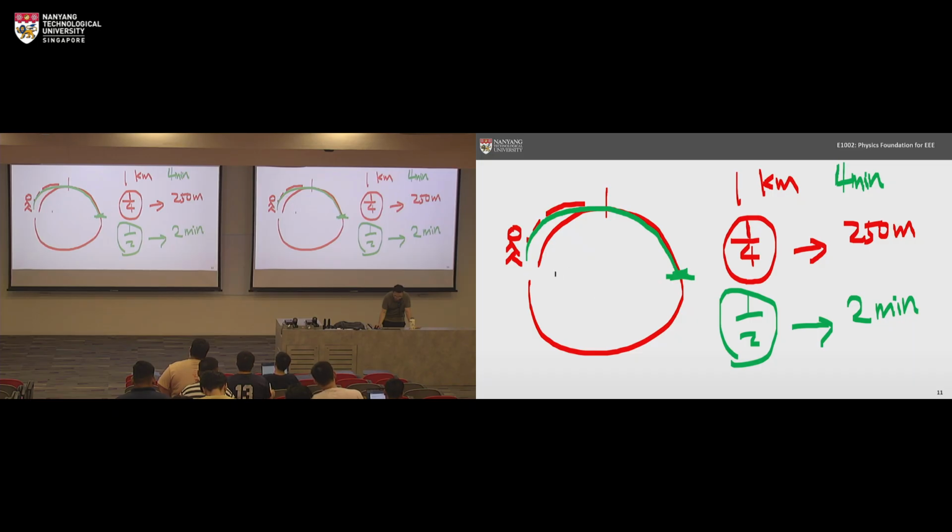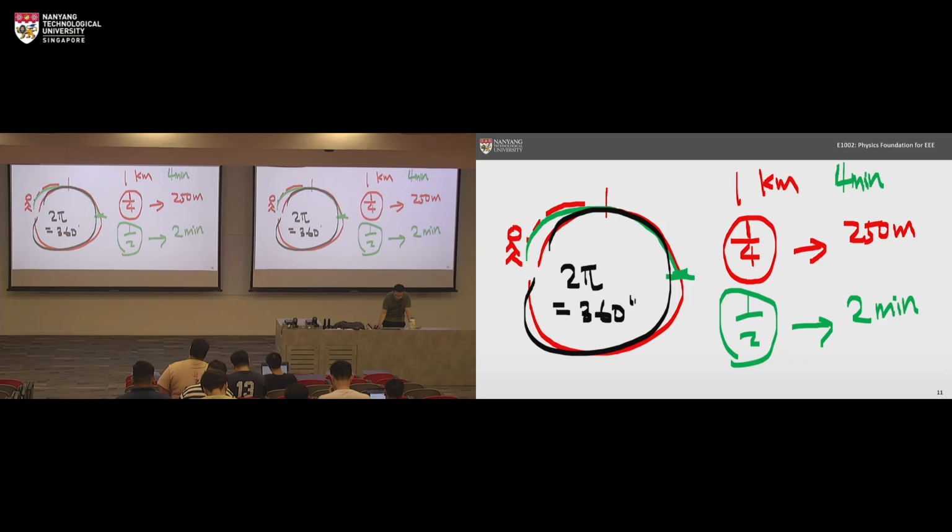So one cycle is how much? One cycle is 2 pi, which is also equivalent to 360 degrees. Okay, so if I tell you your phase change is pi/2, pi/2 is 90 degrees, which corresponds to 1/4. If I tell you your phase change is pi, that is half of 2 pi, which is 180 degrees.